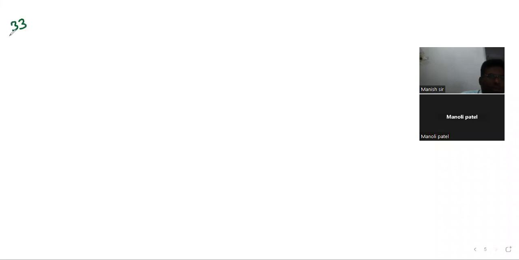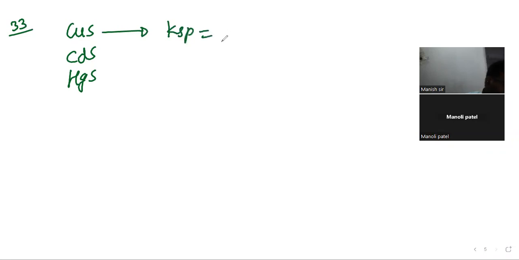Now see the question number 33. It is more about the solubility product of copper sulfide, cadmium sulfide, and mercurous sulfide. The solubility product, KSP, is given for these compounds.